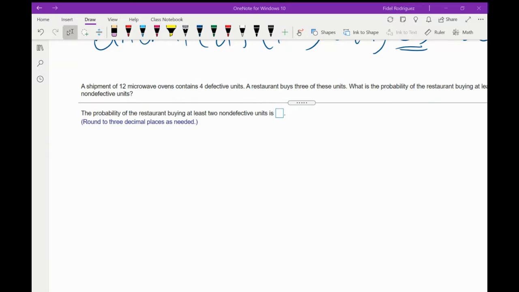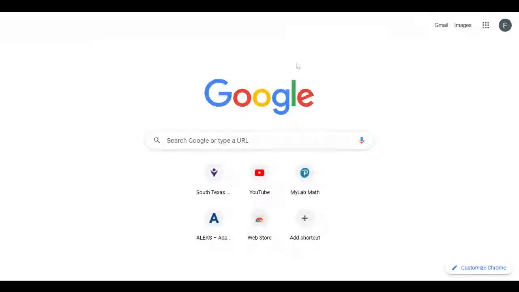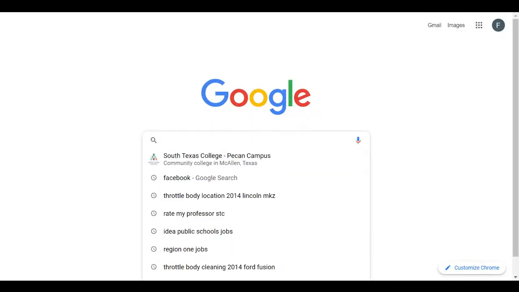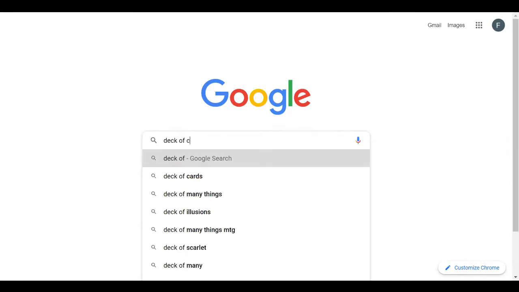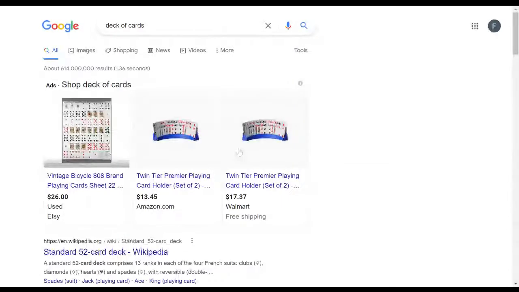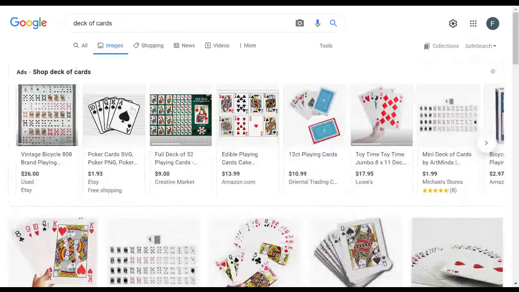So I'm actually going to show you guys something real quick. Actually, before I do this problem here, let me share something with you guys. I'm glad you all are here because I think this is going to come in real helpful. And I know it's different, you guys, because we're not together, we're not in person or whatever, but I'm glad that those of you who are here are here. So what I would do is I would just look, you can see I'm Googling, right? And I'm going to type in deck of cards. And I'm going to go to images so I can get a better look.